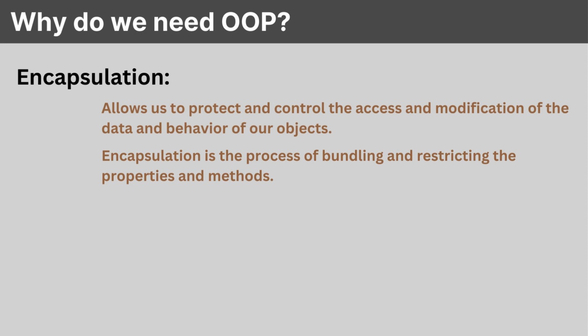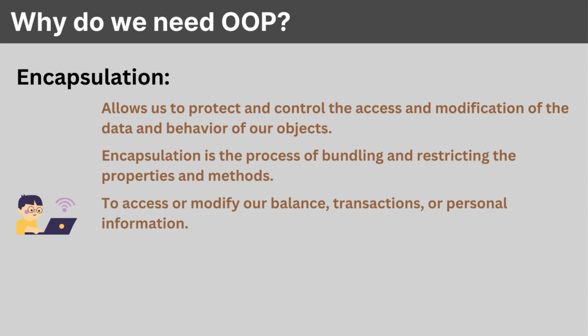For example, when we use a bank account, we don't want anyone to access or modify our balance, transactions, or personal information. We only want to use the methods provided by the bank, such as deposit, withdraw, and transfer.